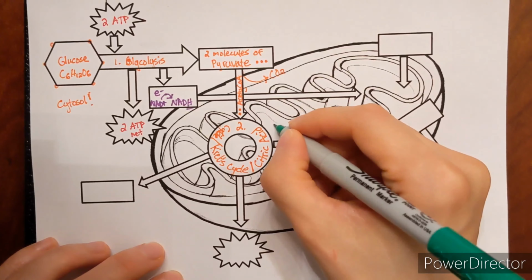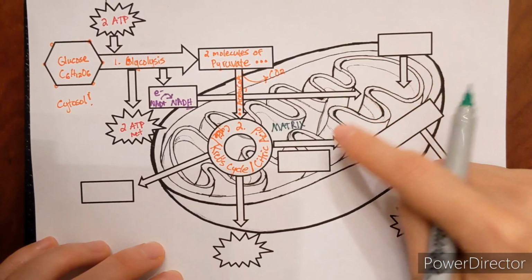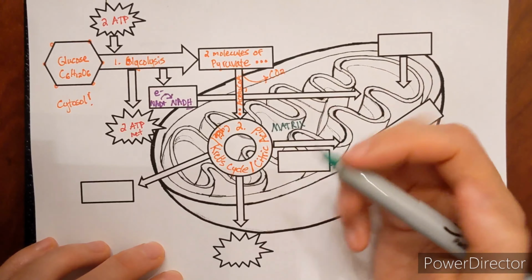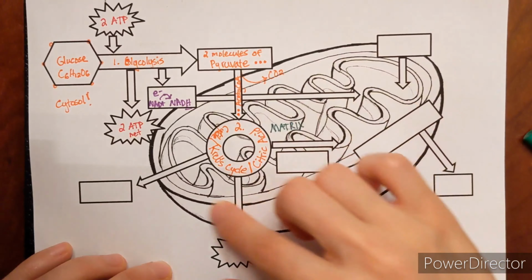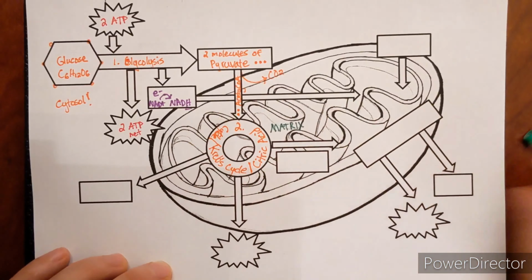Inside the mitochondria, that is called the matrix of the mitochondria, very much like the stroma in the chloroplast. It's just a jelly-filled area. And this is where the citric acid cycle is going to occur. Matrix has its own special proteins or enzymes that are going to help break down acetyl-CoA even further.